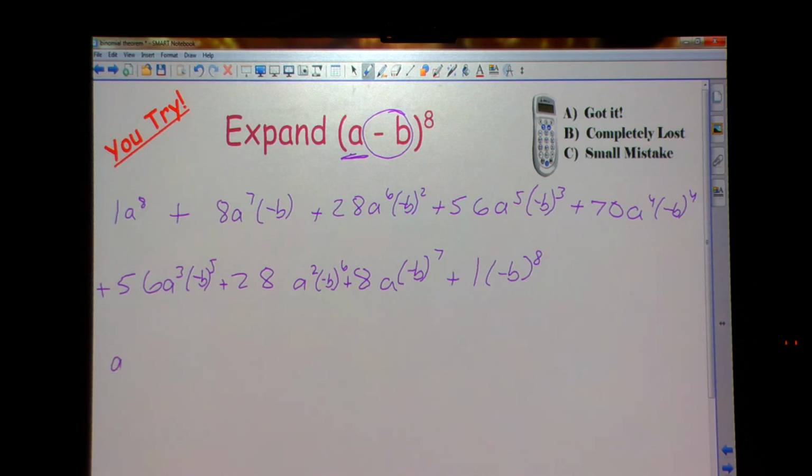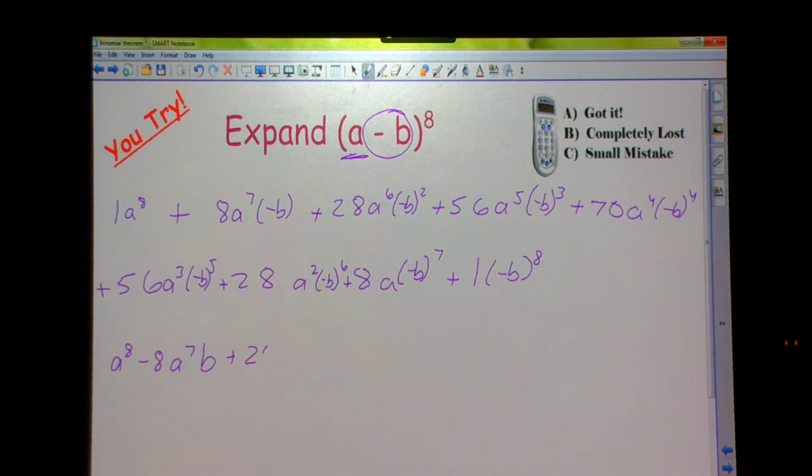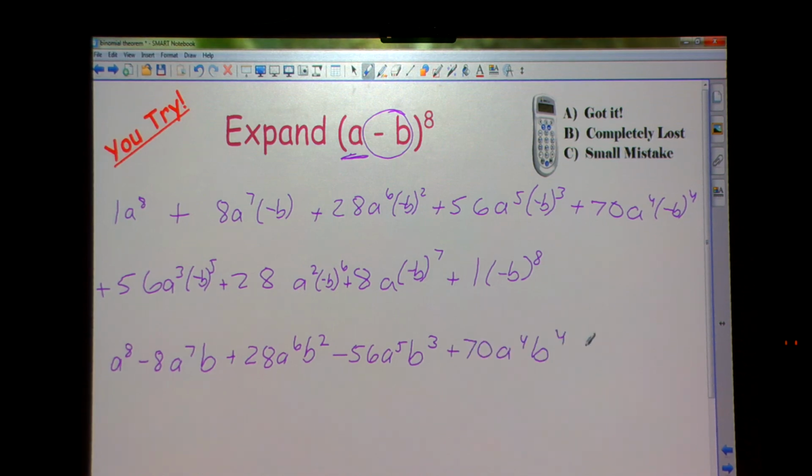That's just a to the 8th. Over here you're going to have minus 8a to the 7th b. And you're going to have plus, that'll make that positive, 28a to the 6th b squared. Minus 56a to the 5th b cubed. Plus 70a to the 4th b to the 4th.